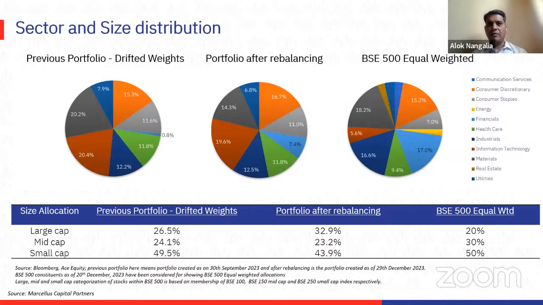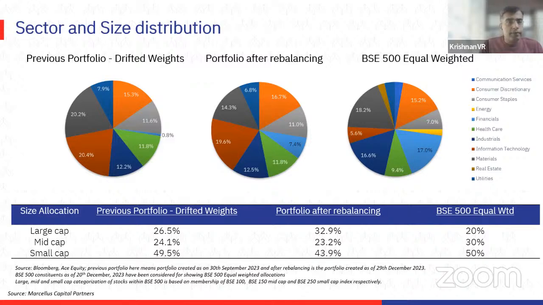So, are you thinking of reducing allocation from small and mid further, and going towards large, or do you have any other tools like sitting on cash or maybe doing some kind of hedging in case there's an unexpected drawdown in the markets?